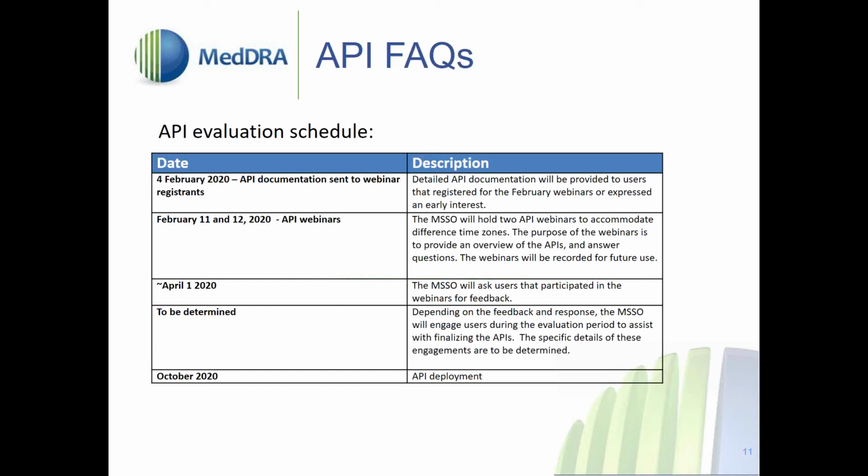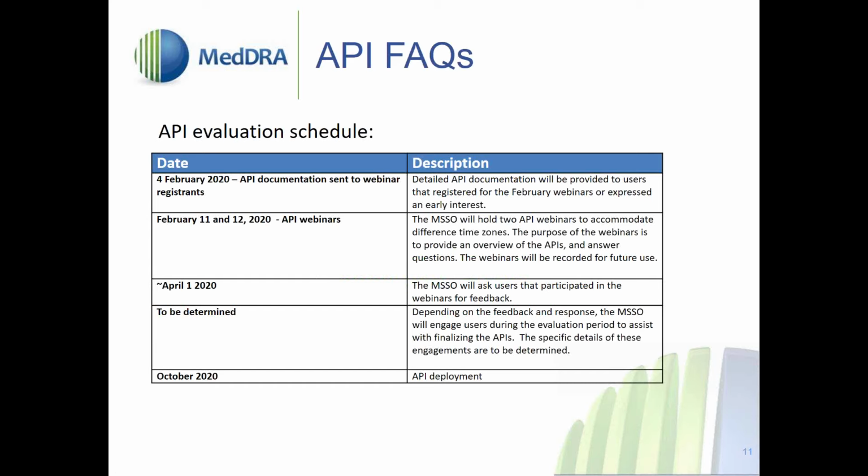So we're holding the webinars now, and between now and roughly around the 1st of April, we'll begin to ask users who participated in the webinars for feedback, to see if they've had a chance to take a look and absorb that feedback and take a look at what people are saying.